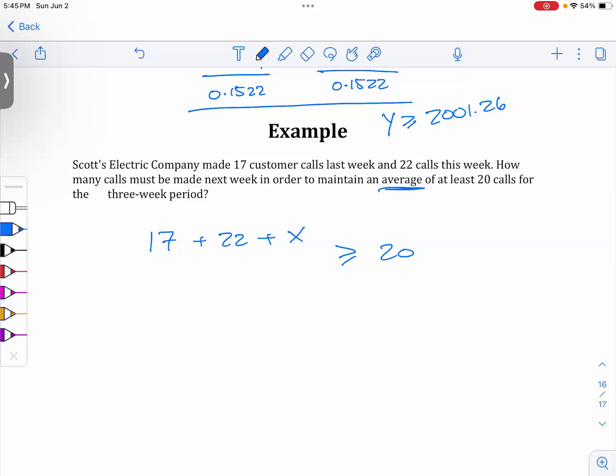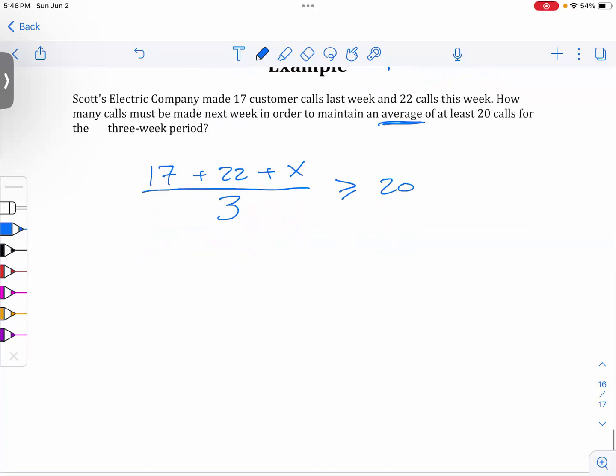Now, average, right? Remember what average is. Average is the sum of all the values divided by the number, the count. So if I have an average here, this is the number of calls for 3 weeks, which means I take that value and divide it by 3, and that's what an average is. So in order to solve this, multiply both sides by 3.